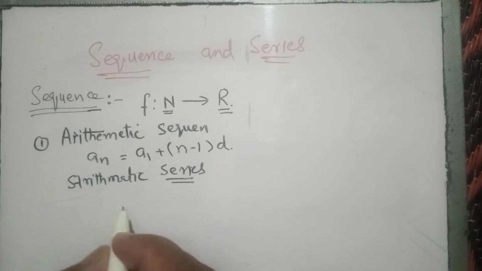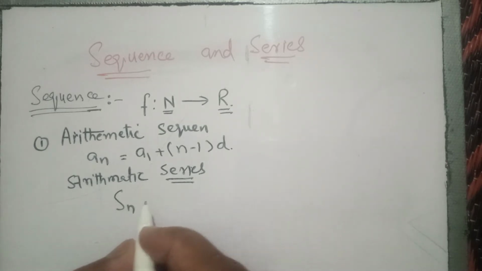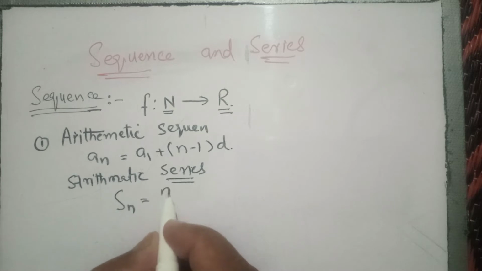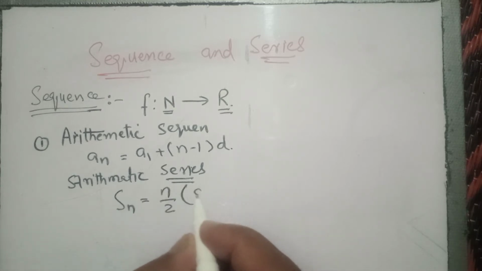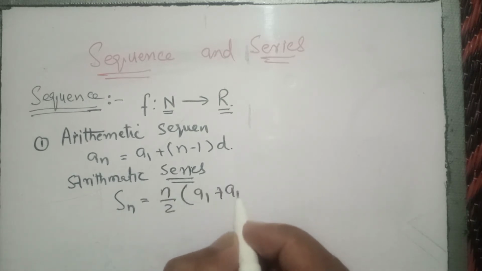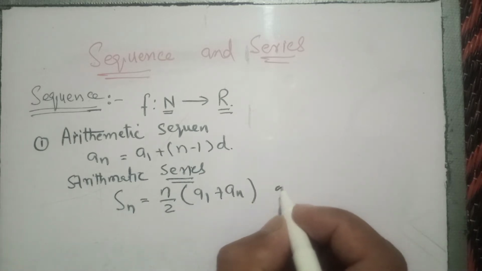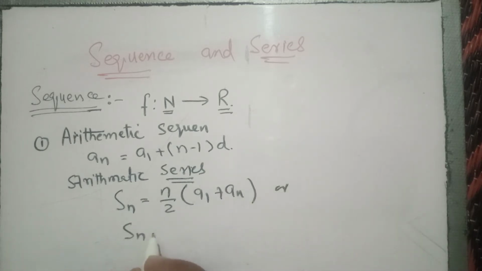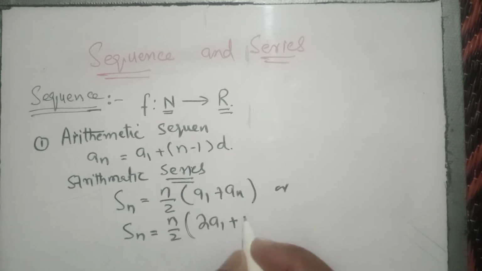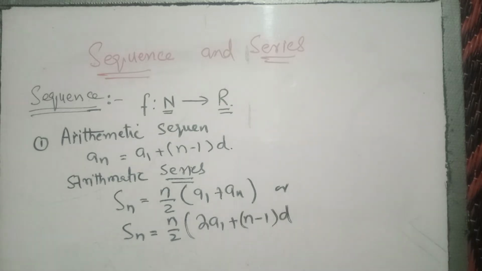An arithmetic series is represented as Sn is equal to n by 2 times (a1 plus an), or Sn is equal to n by 2 times (2a1 plus (n minus 1) into d).